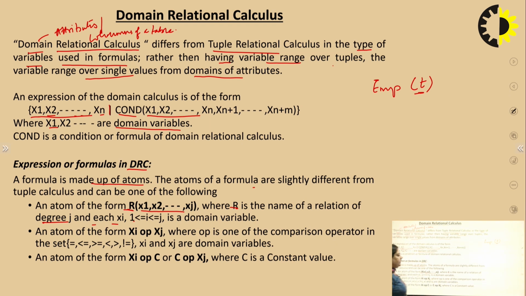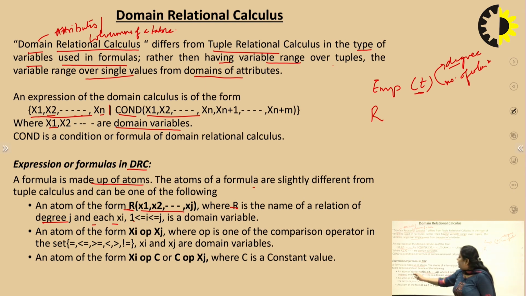That means if we have a relation R, in that relation R we have degree j. Degree means the number of columns in a table. That is the degree of a relation.